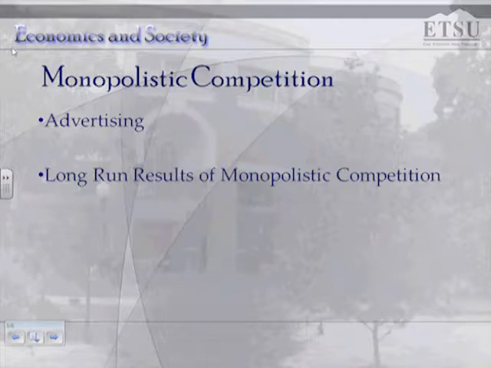So we see a new technology be introduced. When there is free entry, we see lots of other firms enter into that market and compete the price down.